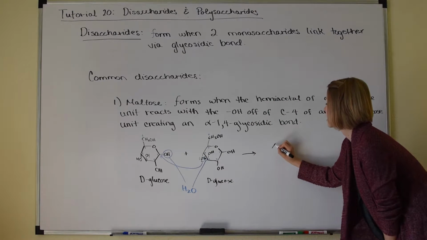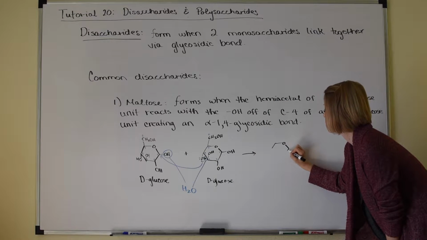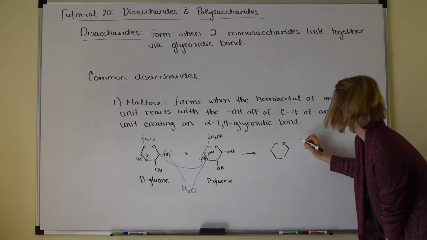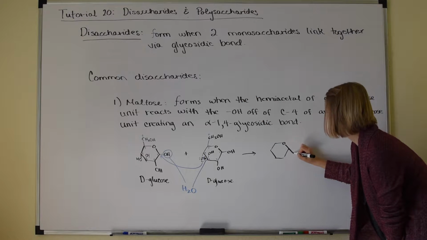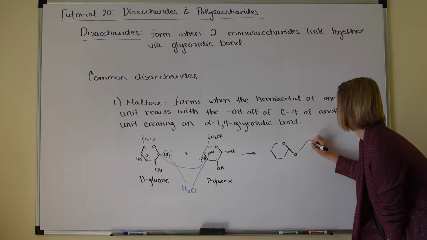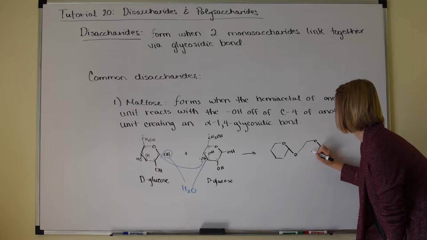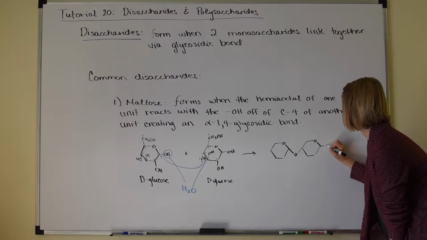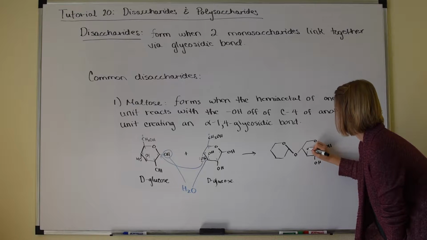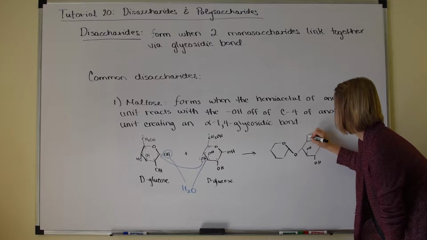All right, and the disaccharide that forms, we already know is going to be maltose, so we're going to have an alpha, so orient that down, an alpha 1,4 glycosidic bond, down, up, down, up.